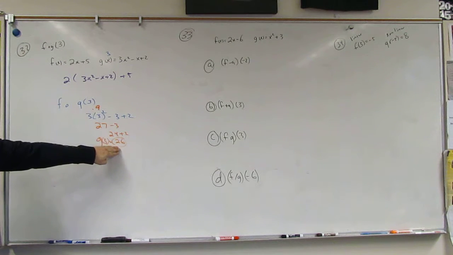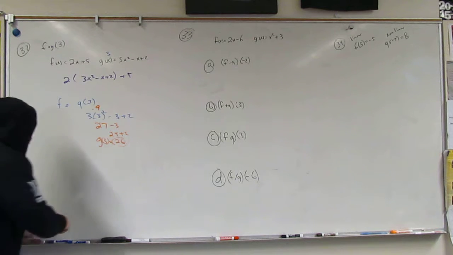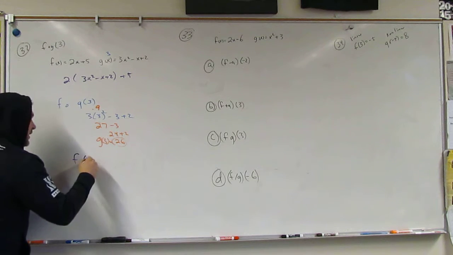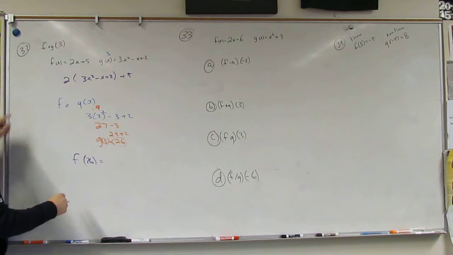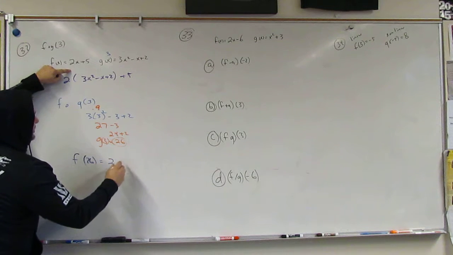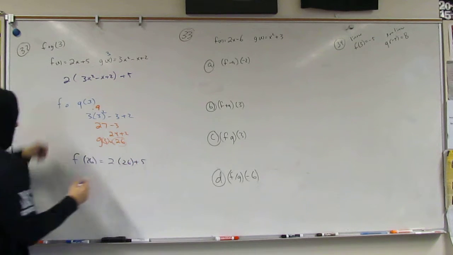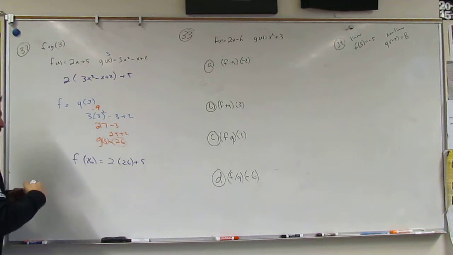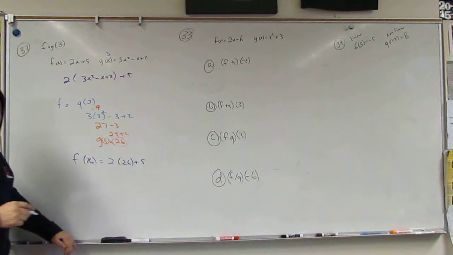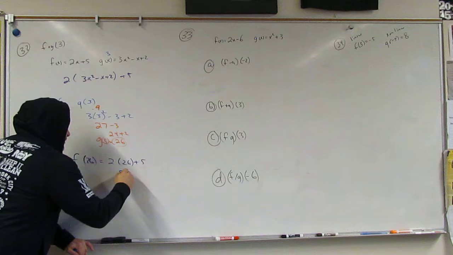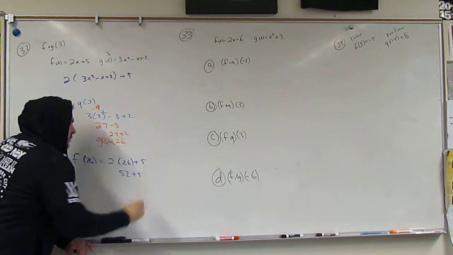That's 26, right? So what you're doing is you're taking F of 26. And that's 2 times 26 plus 5. So what is 2 times 26? 52.